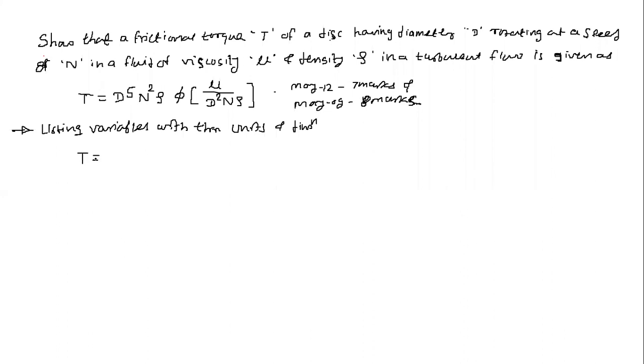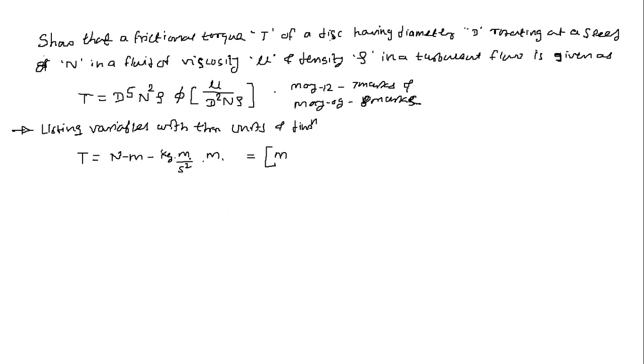For the torque, we have to write down its unit and dimension over here. Torque has the unit Newton meter. On simplification, Newton means kg meter per second square, into a meter. Now from this we have to write down its dimension. kg has the dimension of mass, so M will be there.